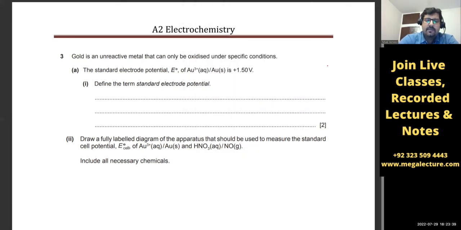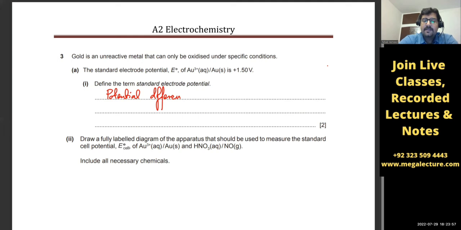Define the term standard electrode potential. How do you measure the standard electrode potential? You measure it between a standard electrode and a reference electrode, which is the standard hydrogen electrode.